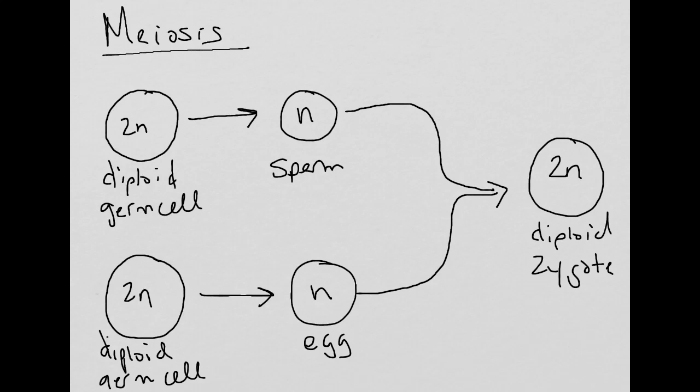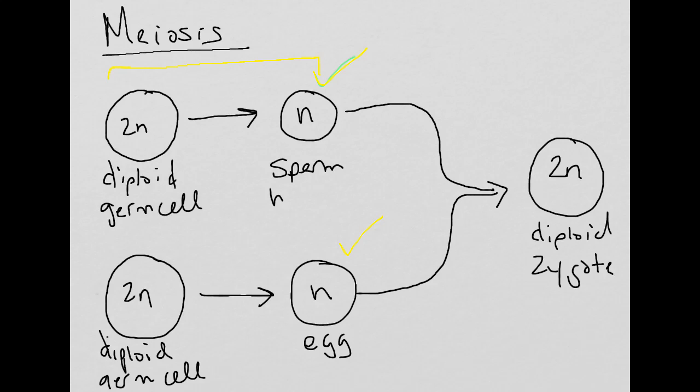So that's meiosis in the big picture, the purpose of meiosis. The goal is to make sperm and egg from two different parent cells, and then to come together to make a zygote. So we're going to look at this process here, going from a diploid cell to a cell that is haploid.